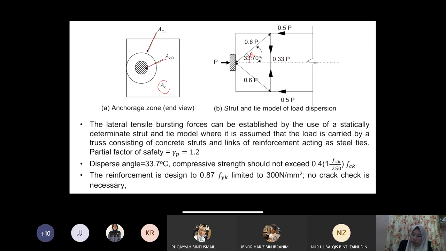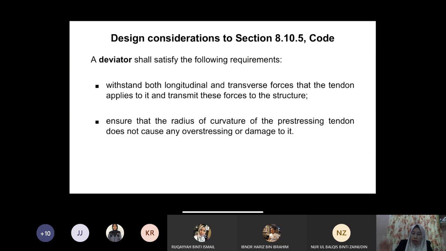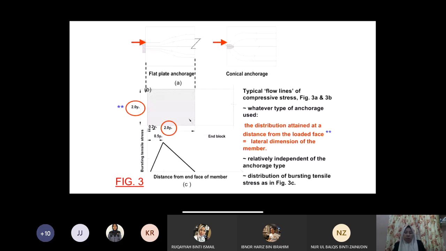Compressive strength should not exceed this. The reinforcement is designed at 0.87, limited to 3,300 Newton per mm squared, so no crack check is necessary. A deviator shall satisfy the following requirements, which you can go through later on.